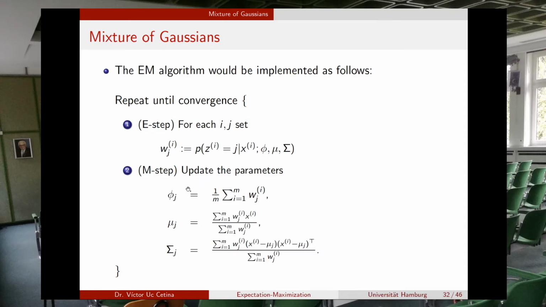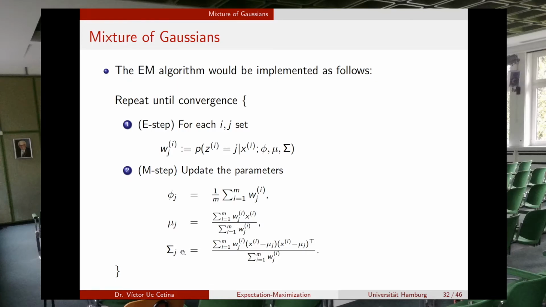maximization step, and here we need to recompute the parameters. So in k-means we had only one parameter, which was the mean. In this case we will have the parameters phi, which are the probabilities of selecting each of the Gaussians, the mean parameter that will define our Gaussian, one mean parameter for each of the Gaussians that we are considering, and also we need the covariance matrix for each of these Gaussians.